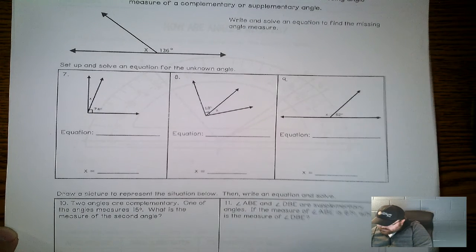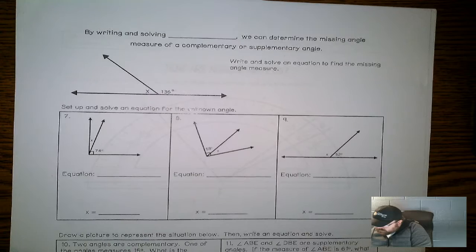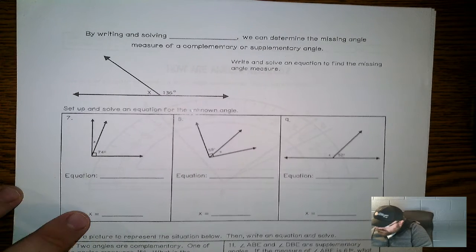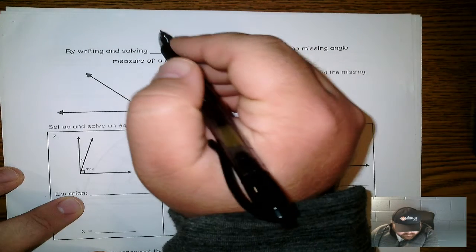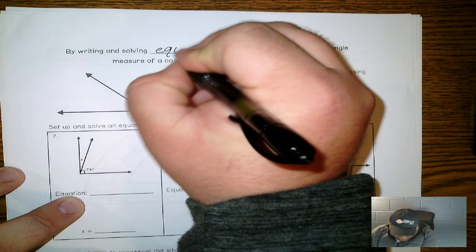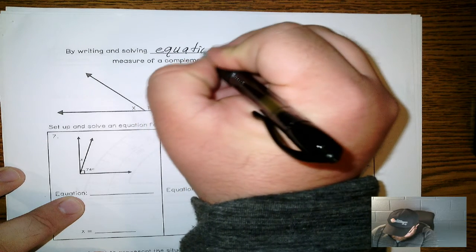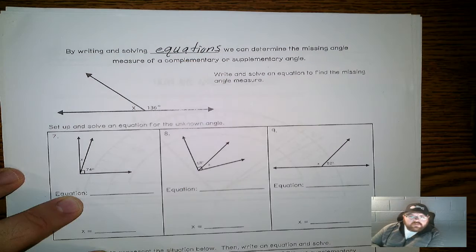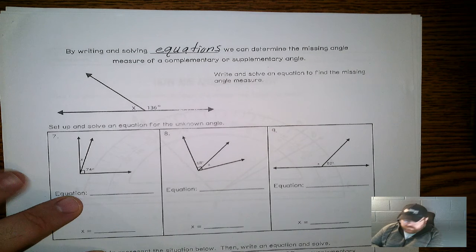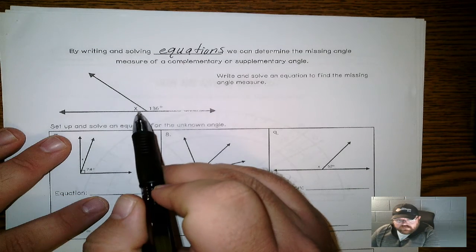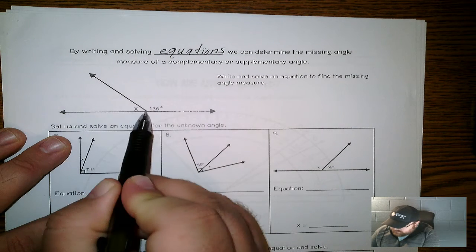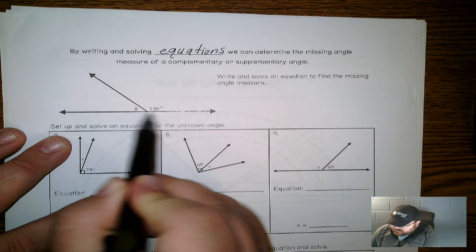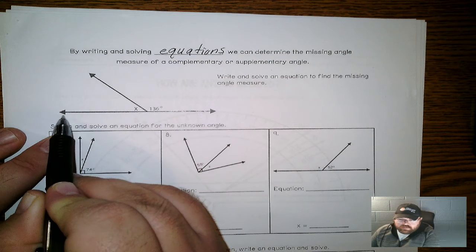It says, by writing and solving blank, we can determine the missing angle measure of a complementary or supplementary angle, and that is equations, by writing and solving equations. So now let's look at this figure. What I see is that this and this form a straight line.